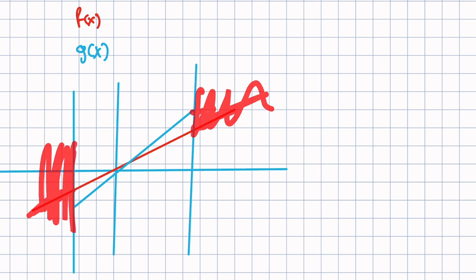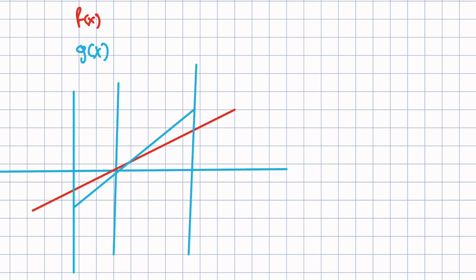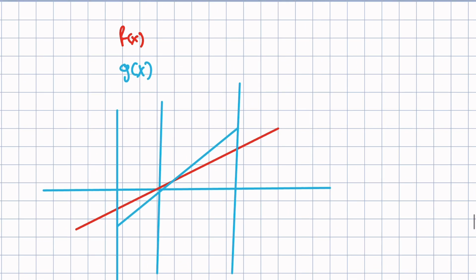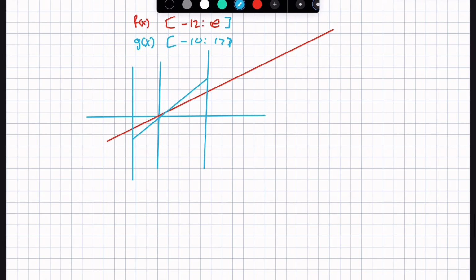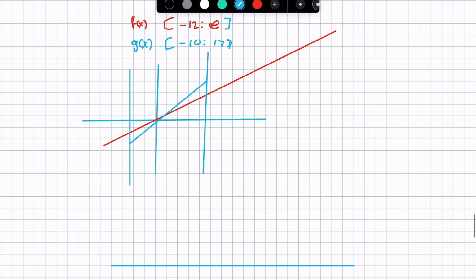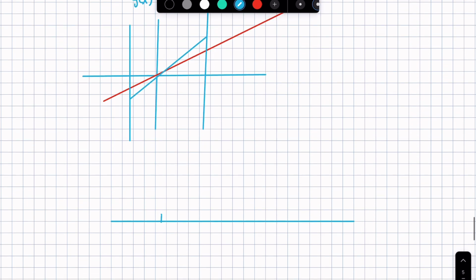So that's why you gotta find the domain first. So for example, the domain of here is moins 12 à infini. Let's say it's infini. And here is moins 10 à 17. Okay? I recommend to do a line of it. So there's 12, there's 10, and there's 17 and infinite. We don't put infinite.